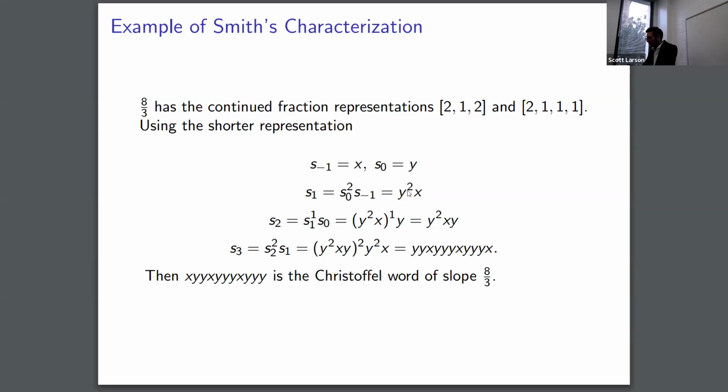S sub minus 1, Y squared X. Just keep going so you get the word. Interestingly, you can see the end flops between X and Y. So the first S sub 1 ends with YX, the second one ends with XY, the third one ends with YX. It turns out that will always correspond to the parity of I. If it's odd, it ends with YX. If it's even, it ends with XY.